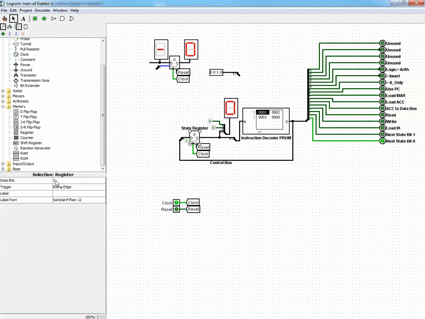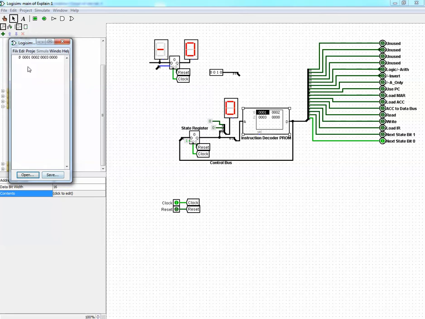Okay, and then what we have done is the following. Let's look at this ROM. We have stored here 1, 2, 3, and 0, which are all in hexadecimals. These are 4 hexadecimal characters each. This is 0001, 0002, 0003, 0000.